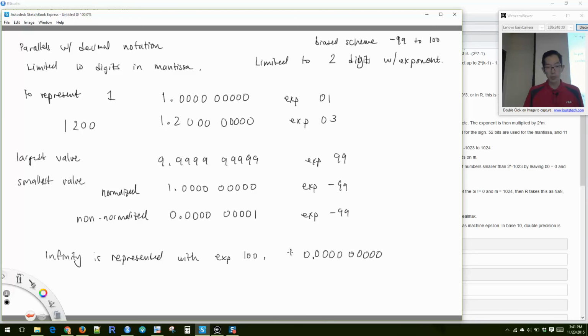And then you can have a positive or negative infinity. And then if any of these is not a 0, then it becomes not a number. It is represented with exponent 100, and then one of these, one digit, is not a 0.